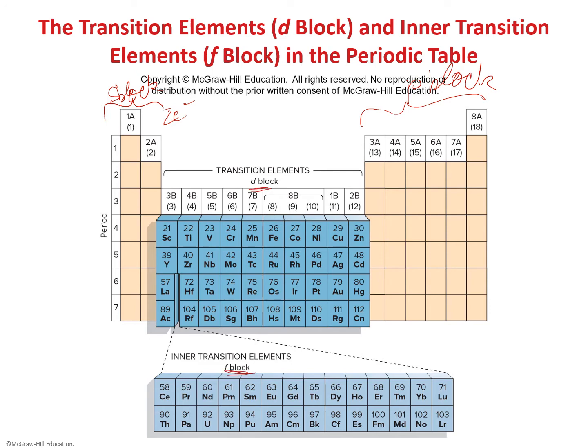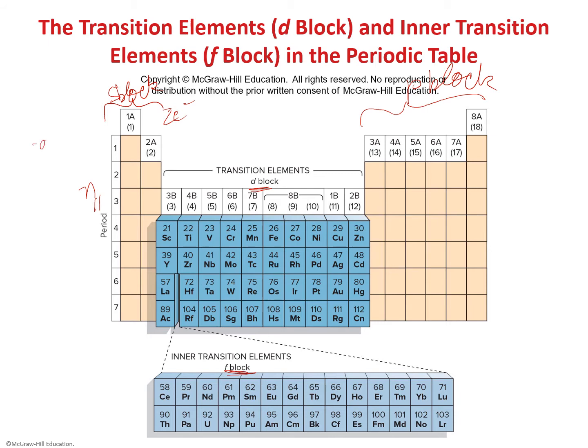So whenever you're starting to fill electrons, you always look for where that element is located. This group number tells you how many electrons are present in the outermost shell of that particular element. And this period number, which is here 1, 2, 3, 4, 5, 6, 7, is equivalent to the number of the outermost shell.